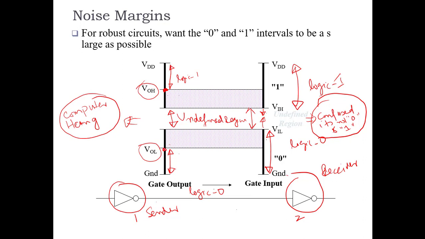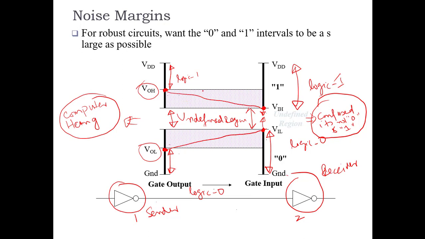Similarly, the sender is held to send a voltage between VOL and ground. But on the receiver side, this logic boundary is relaxed. Why? This is there for noise margin.